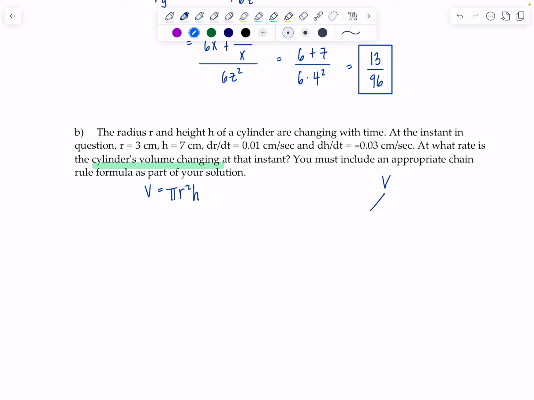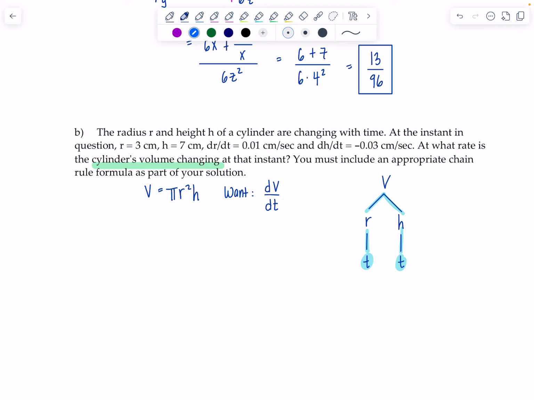So V is a function of R and H, and both of these are changing with time. And then look at what I highlighted in green. At what rate is the cylinder's volume changing? So what they want is del V del T. No. They want dV dt. Why isn't it a partial derivative? Because R and H are both functions of only one variable. Yes.